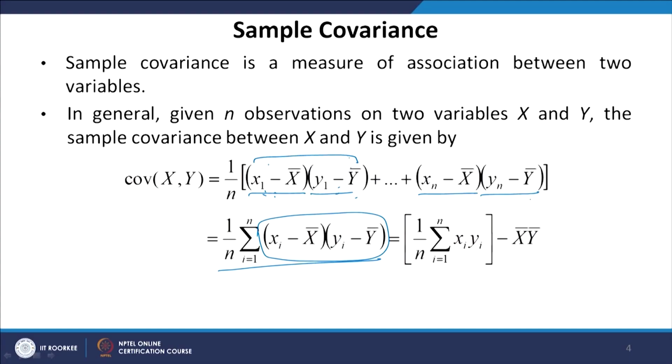So, whenever there are co-movements between two variables and these individual multiplications are most often positive, then we will finally have a positive covariance. If these multiplications are most often negative, then finally we will have a negative covariance, right.